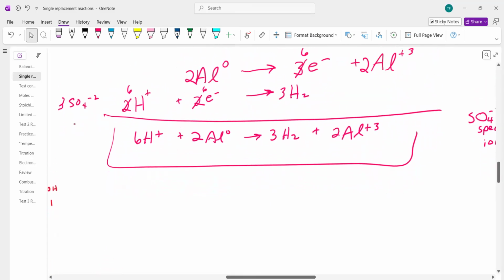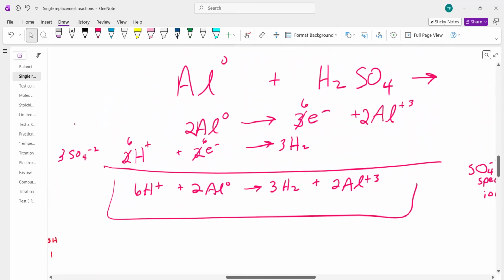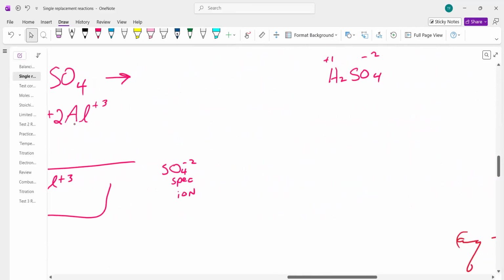Okay, so the tricky one is going to be with the acid, the H2SO4, the HCl. So we have H2SO4, hydrochloric acid. What else do we need here? Nitric acid.